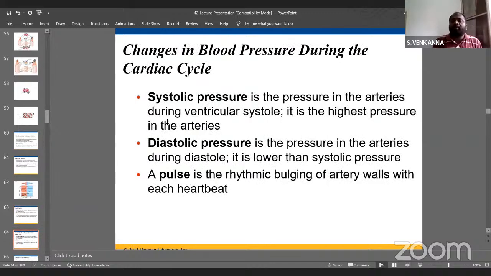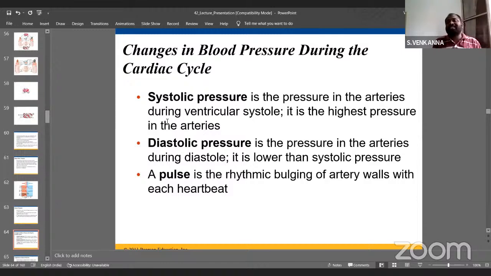So the changes in blood pressure during the cardiac cycle, like that, the cardiac cycle, the activity of systolic and diastolic. The systolic pressure is the pressure in the arteries during the ventricular systole; it is the highest pressure in the arteries. Then diastolic pressure is the pressure in the arteries during the diastole.